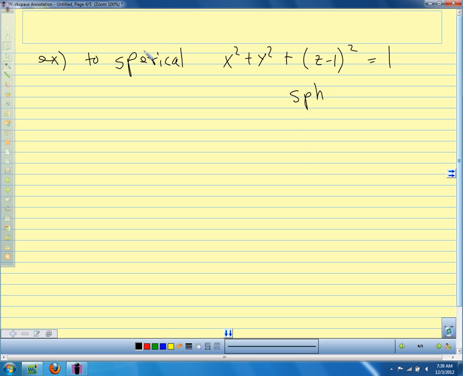I did it again. This is a sphere, radius 1, center 0, 0, 1. So we want to write the equation of this sphere in spherical coordinates.